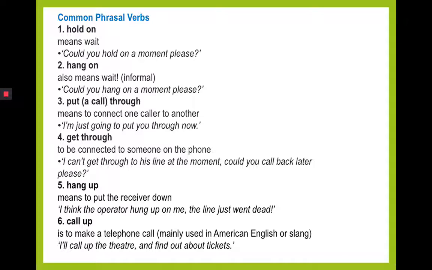Common phrasal verbs that you might be using throughout the telephone conversation. So you might be using hold on, hang on, put through, get through, hang up, call up, and so on. You can read about this on your own later.